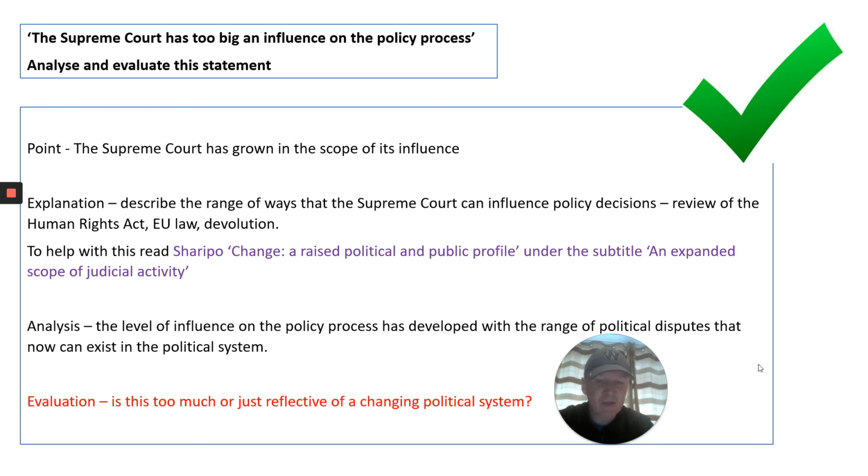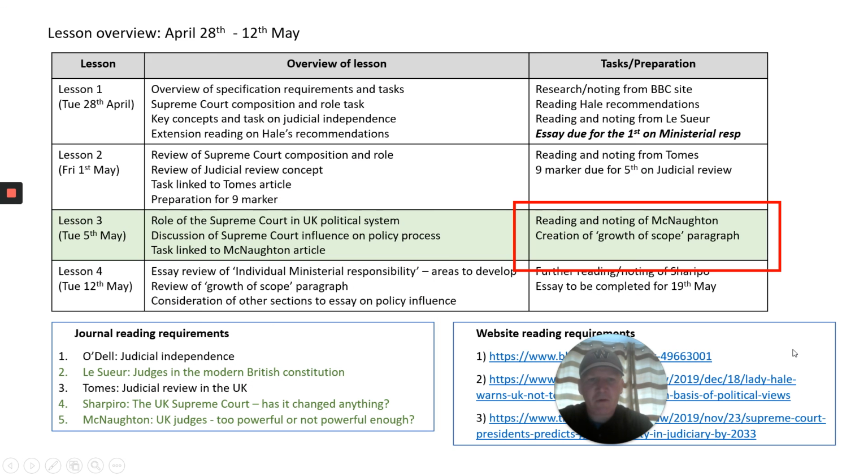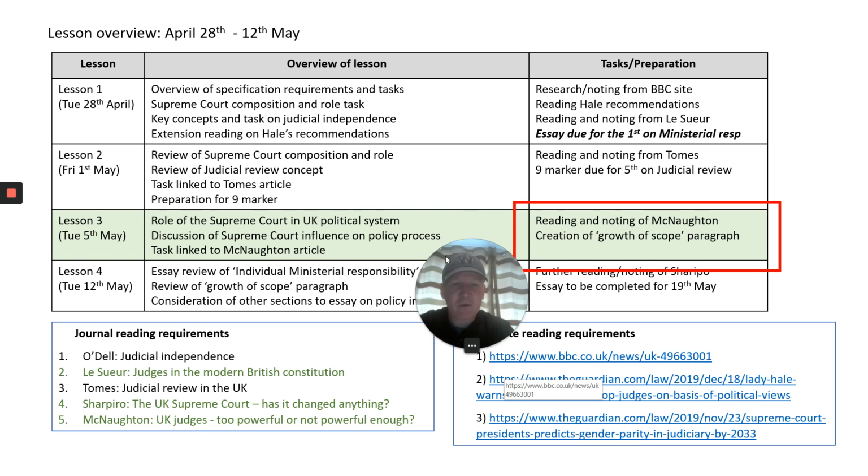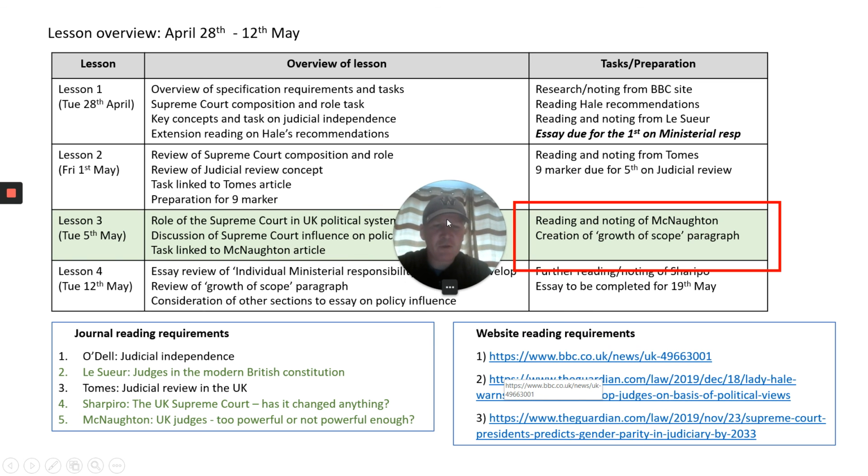Or is it just reflective of how we've changed our political system over time, a new constitutional reality, and in fact it's appropriate? So that's your challenge for next week, okay? You've read Macnaughton, now it's your job to try and come up with 150 to 200 words on the growth of scope paragraph, okay? Email them to me, and I'll see you next week. Cheers.